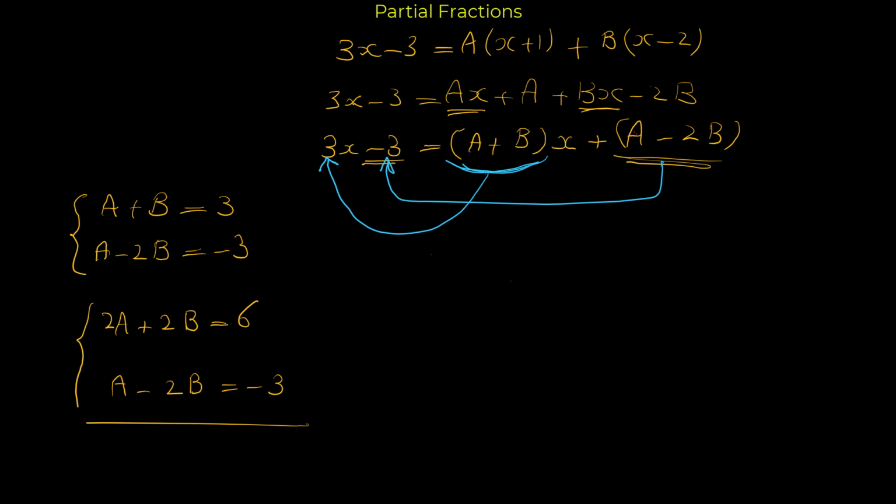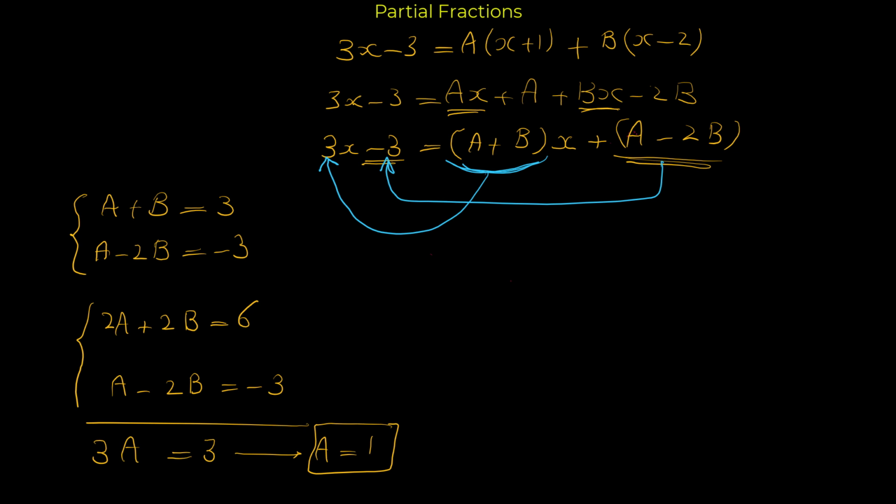So we add left side to the left side and right side to the right side. What happens? If we add left side to the left side, 2a from the top equation with 1a from the bottom equation, in total would be 3a. 2b minus 2b would be 0, so b cancels. 6 plus negative 3, or 6 minus 3, is 3. So from here a is 1.